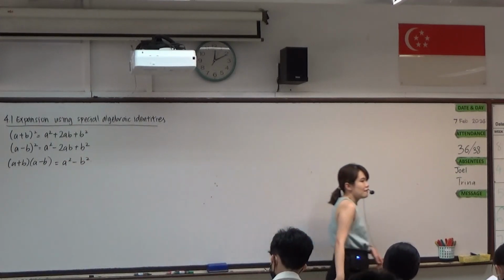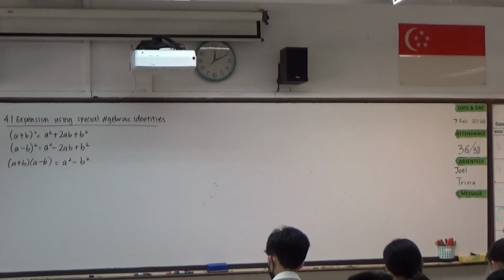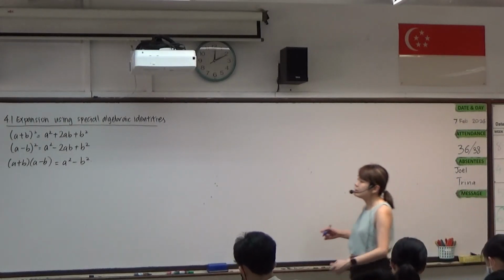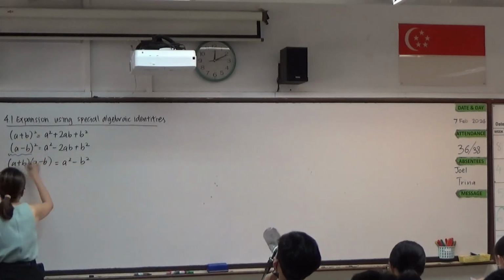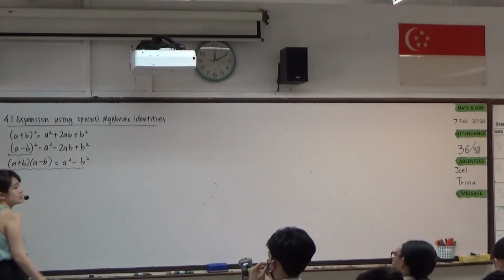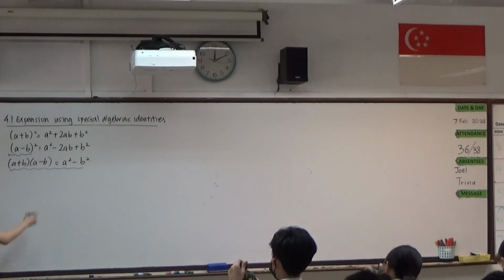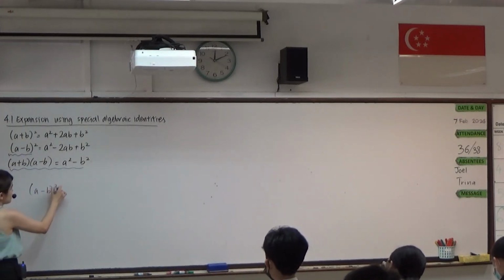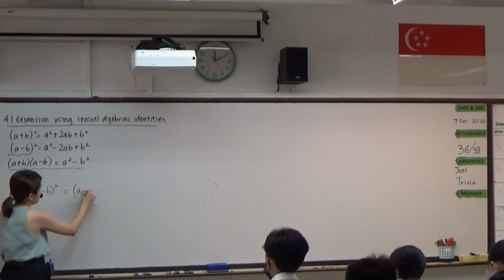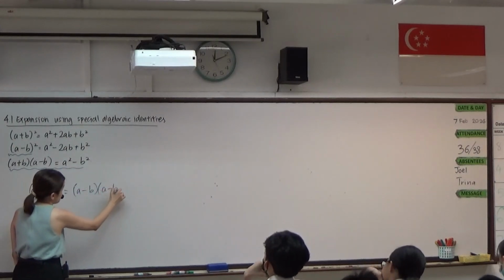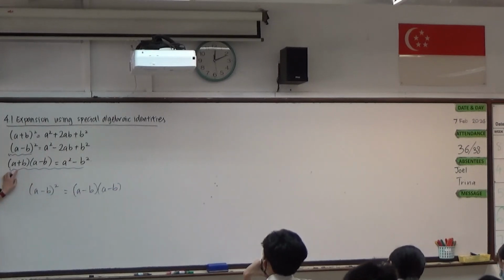Very, very often, which you also noticed just now, people tend to confuse themselves between this and this. So I want us to really remember what (a minus b) squared means. It is a case of repeated multiplication of the same thing. So it cannot be this one because this has a plus sign over here.